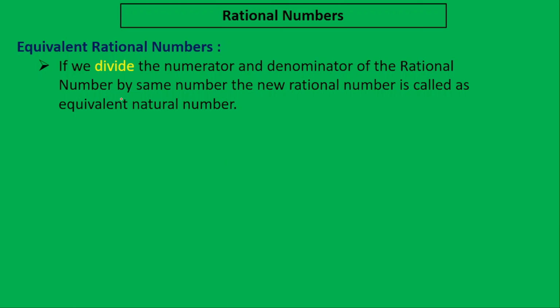Now the next definition: if we divide the numerator and denominator of a rational number by the same number, the new rational number is called an equivalent rational number. See, these are very basic topics. Even a student of class 3, like an 8-year-old or 9-year-old, can understand if they pay attention. So this should not be in grade 10. This topic should be in class 4th, 5th.